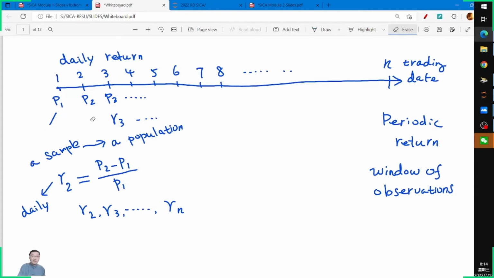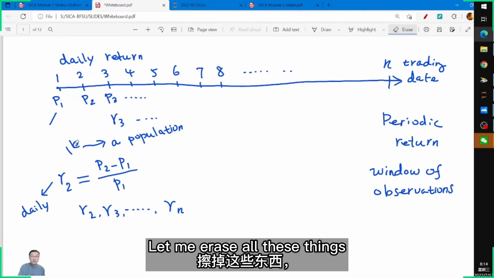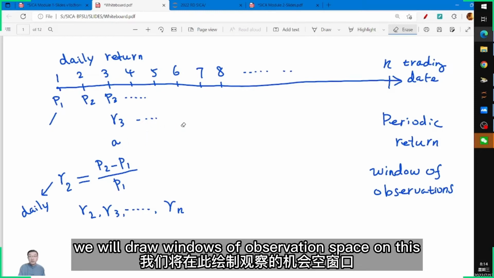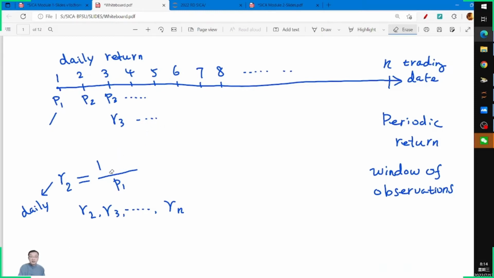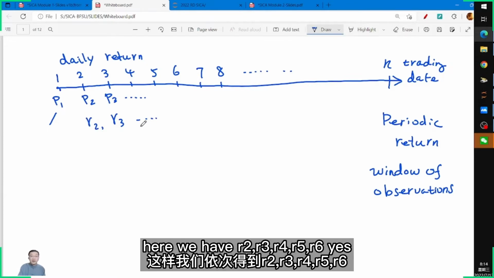Let me erase all these things. We will draw windows of observations based on this. Here we have R2, R3, R5, R6.